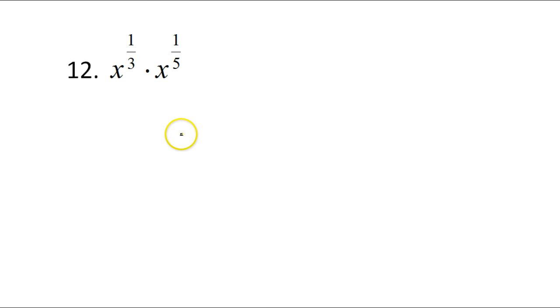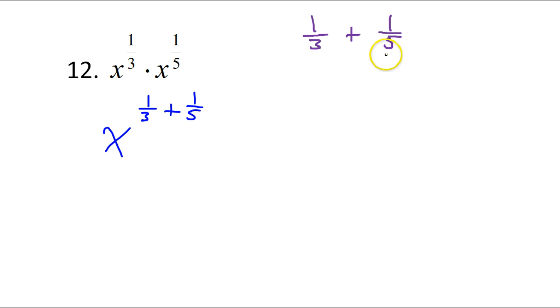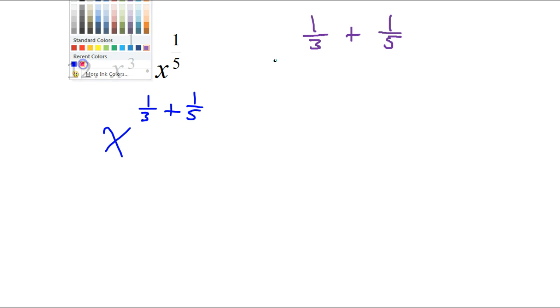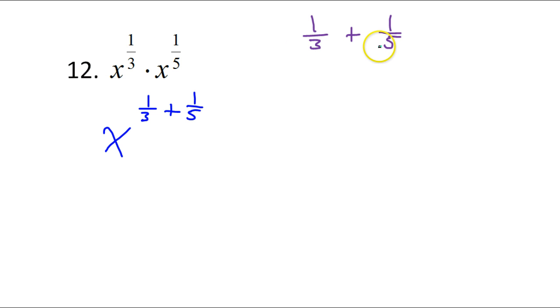Okay, this brings us to number 12. If the bases are the same, we can do the exponents. So in this case, that means add the exponents. So I have 1/3 plus 1/5. Once again, off to the side, if I want to do 1/3 plus 1/5, I need like denominators. Let's turn these both into 15s. If I multiply this by 5, got to do the top too, that'll make 15. If I multiply this by 3, I'll get another 15.